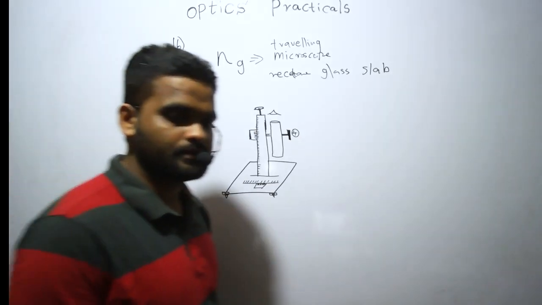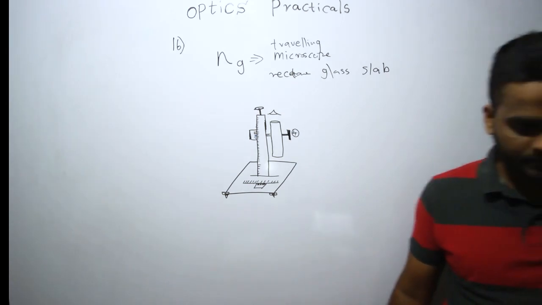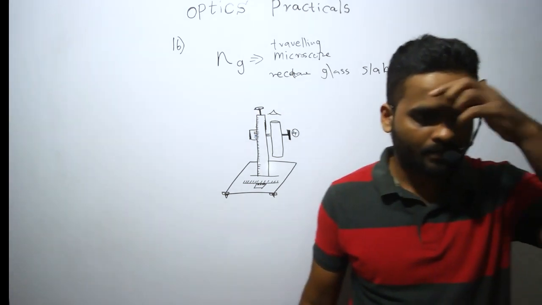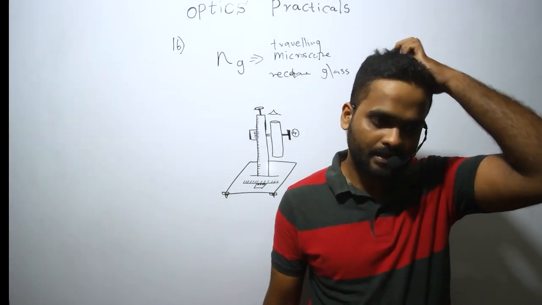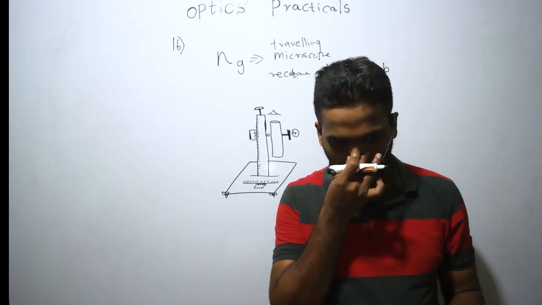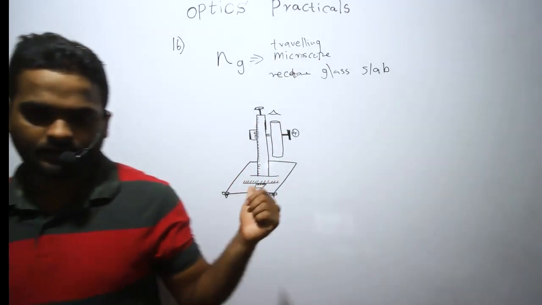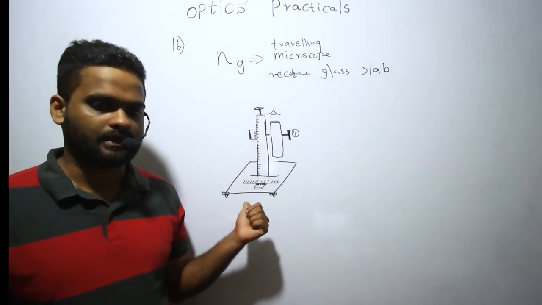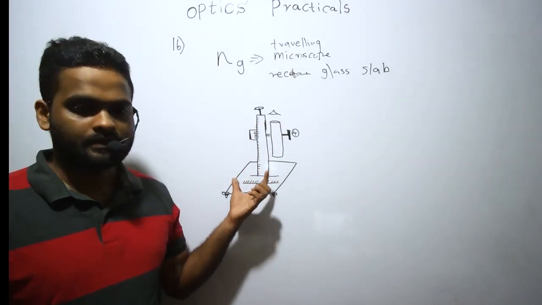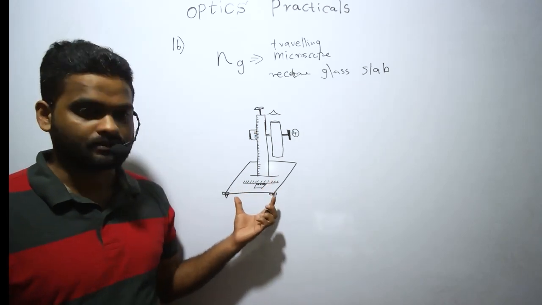Quickly draw this one, and if you have drawn that, thumbs up. Take this down. This is the traveling microscope, just a sketch of it.